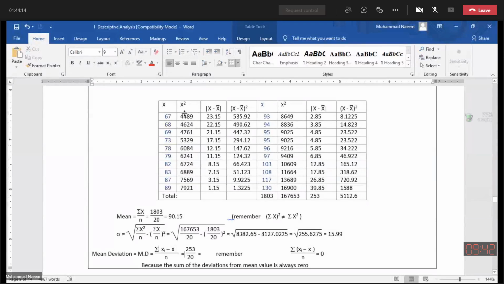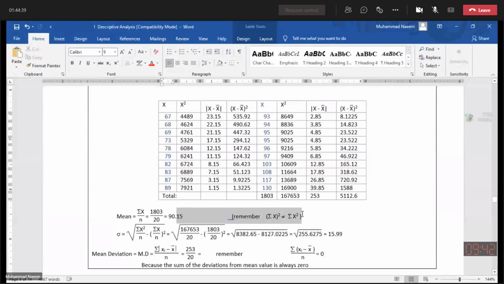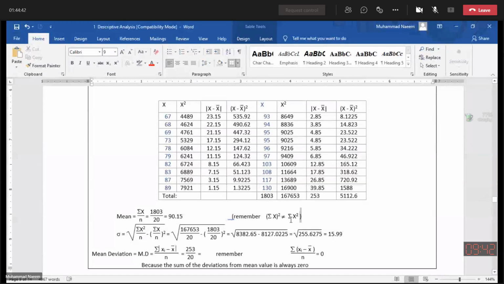Sigma x is the sum of the first column, 1803, divided by n, and then taking its whole square. Remember these sums.